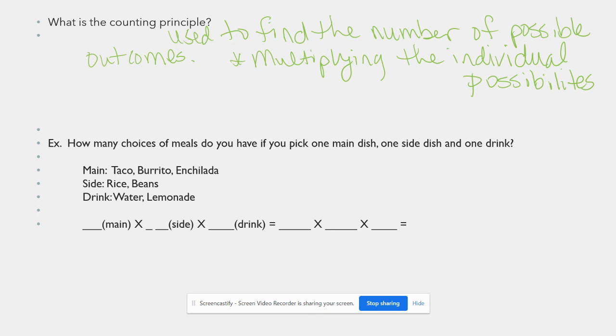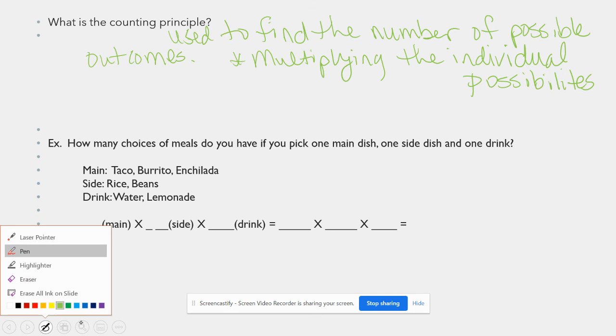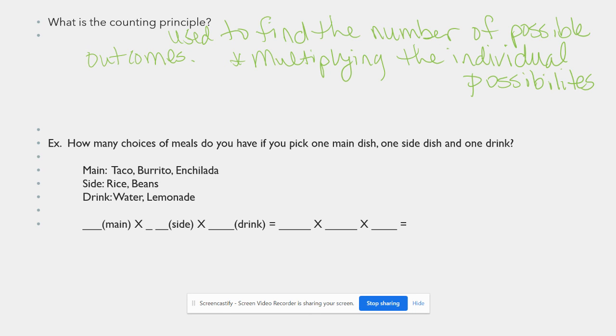So if I go back to that coin problem we just did our tree diagram for, we had 4 tosses, and our choices for each toss were heads or tails, heads or tails, heads or tails, heads or tails. 2 for each one.